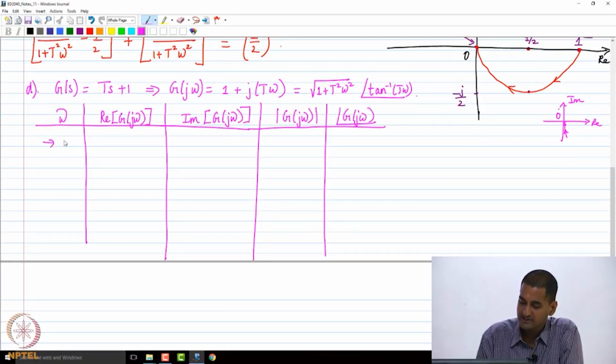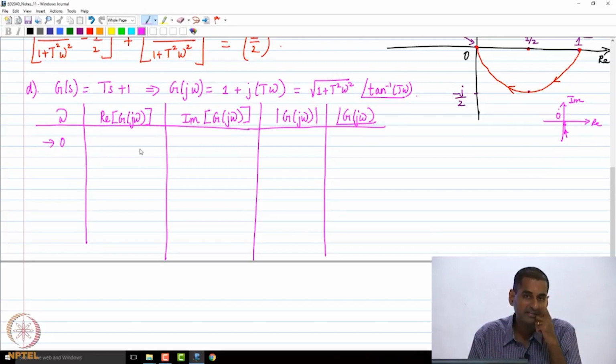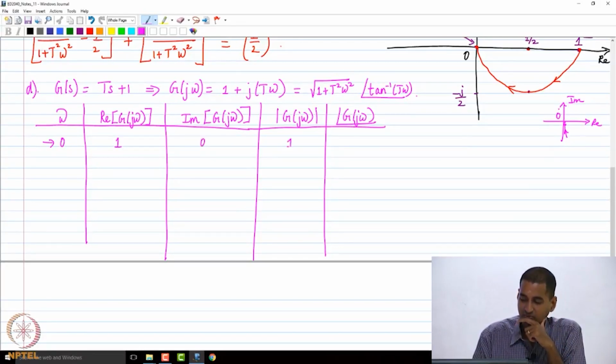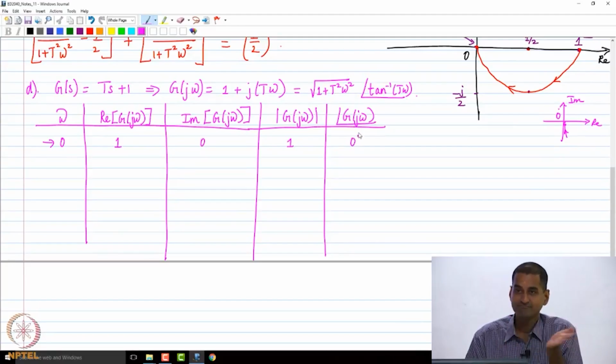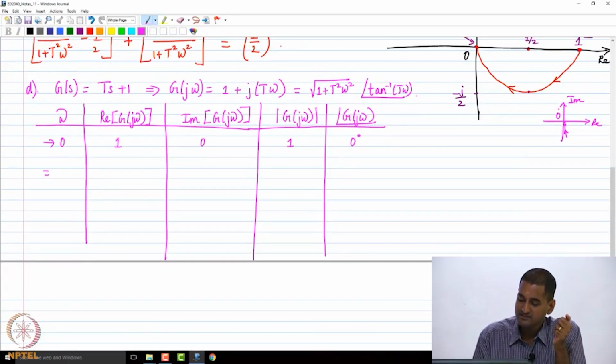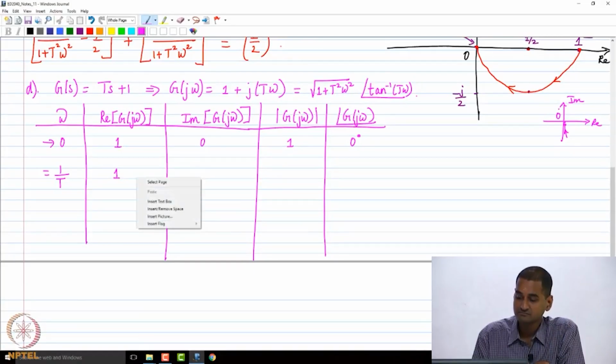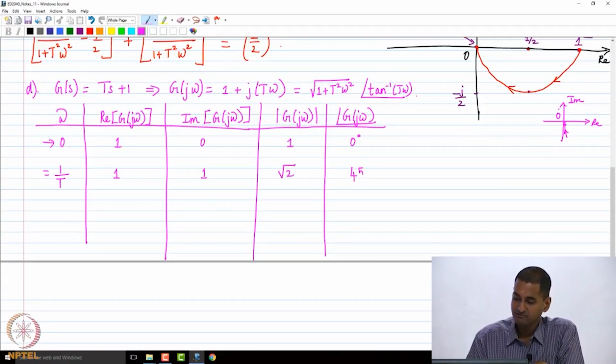Let's say as omega tends to 0, what happens to the real part and the imaginary part? 1, 0, 1, 0 degrees. The magnitude is 1, phase is 0 degrees. So at omega equals 1 by t, what happens? You will get 1, 1, root 2 and 45, correct?